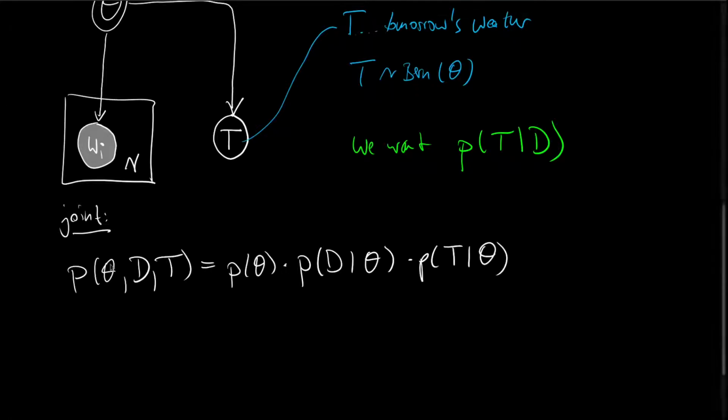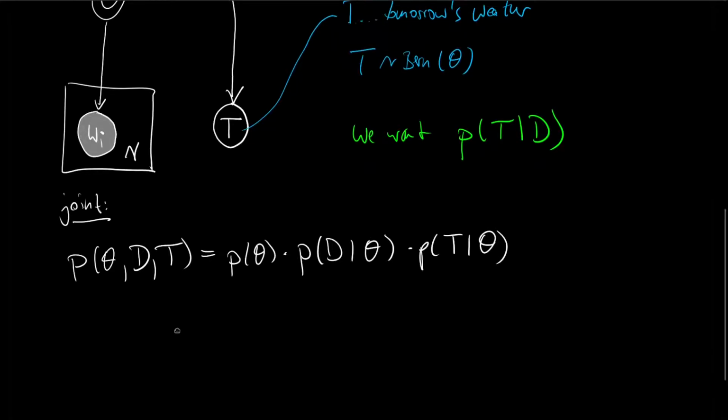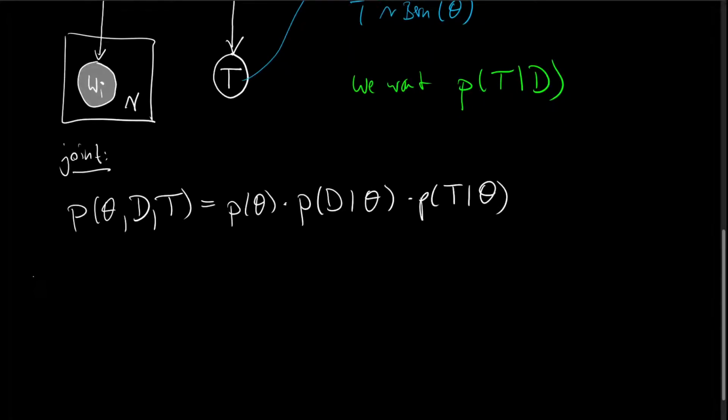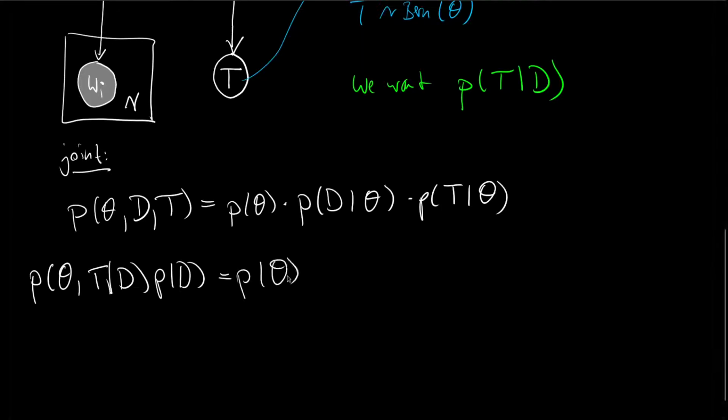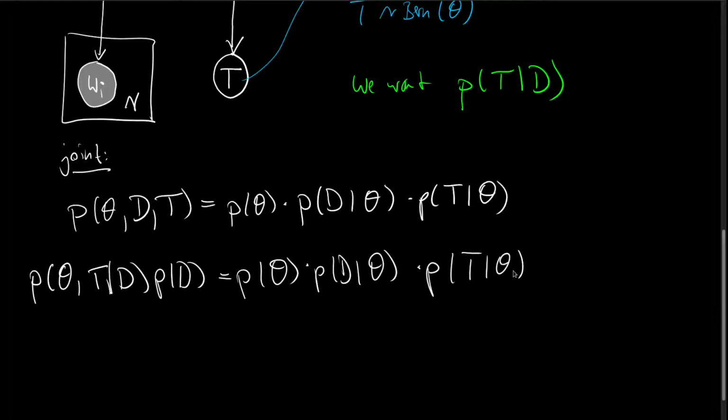First, let us split this distribution according to the chain rule of probabilities, and therefore we get p of theta and t given d times p of d is p of theta times p of d given theta times p of t given theta.